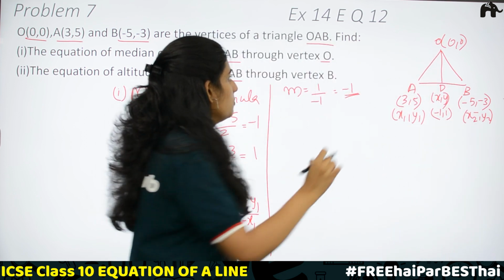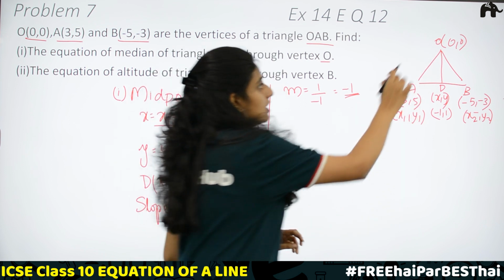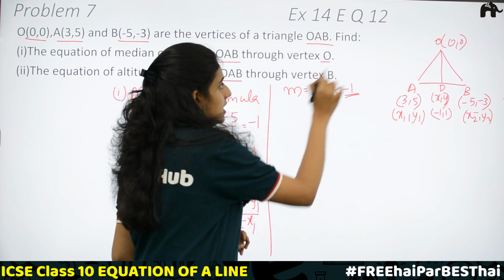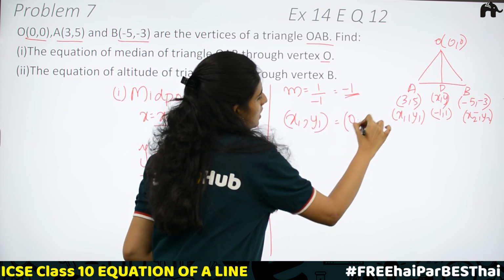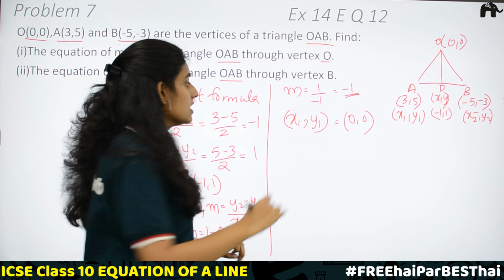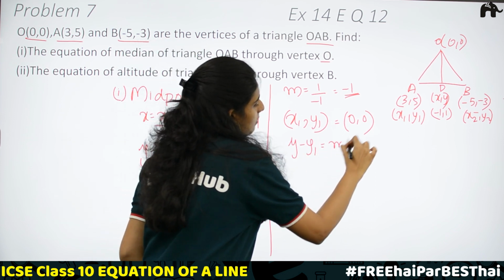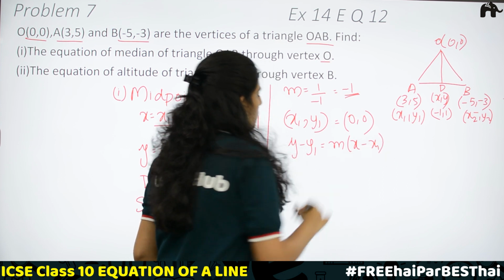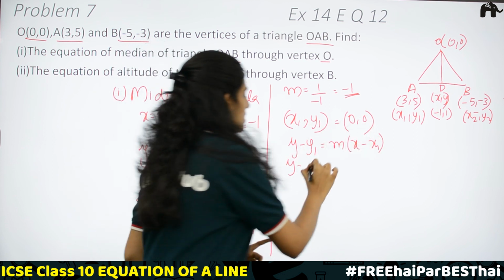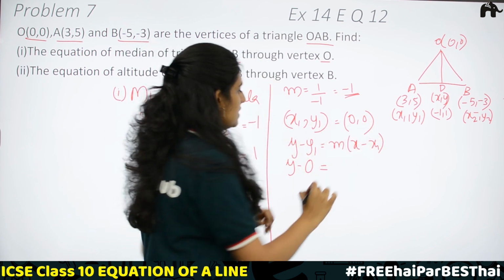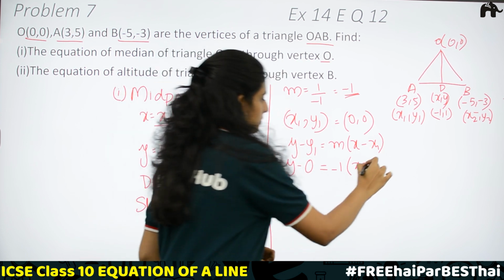To find the equation of median, take any one point that lies on this line. We'll take the point O. O has coordinates 0, 0. Therefore, x1, y1 is equal to 0, 0. Point slope formula: y minus y1 is equal to m into (x minus x1). Put the values. Y minus, here y1 is 0, is equal to m is minus 1 into (x minus x1 is 0).